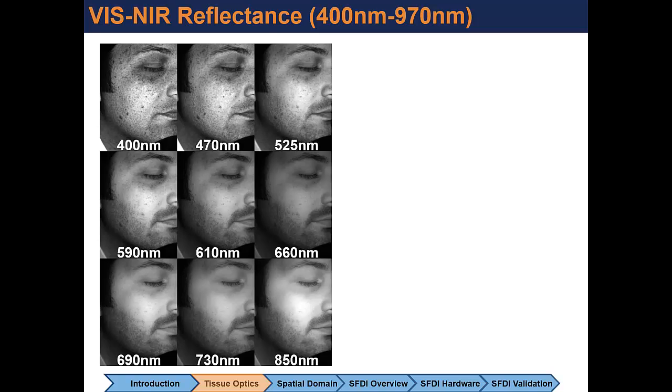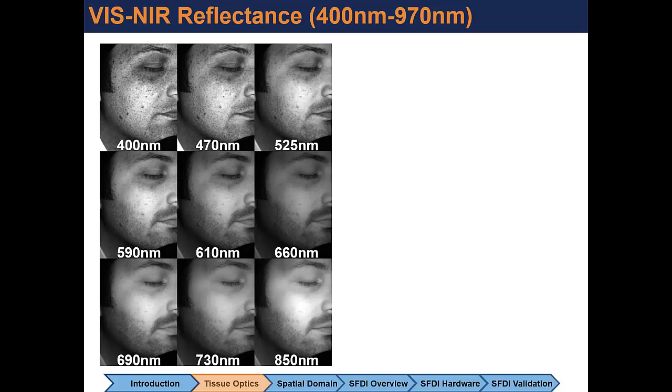And what you can see right away is that the spectral contrast changes dramatically depending on what color of light you look at. So what you see in 400 nanometers is a lot of contrast from, well, certainly hair, but all of the freckles and moles that are right there superficially on the surface. So that's melanin. Melanin is absorbing those photons.